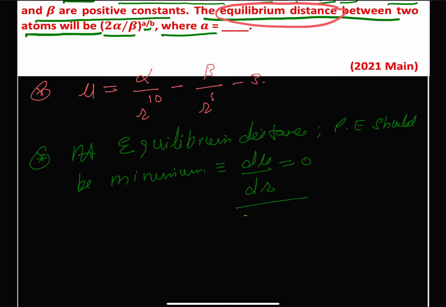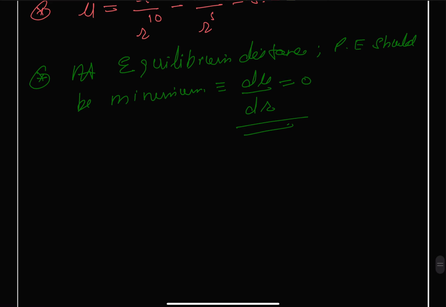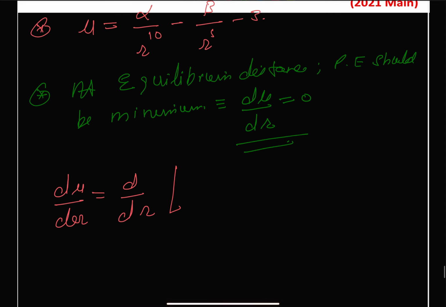So we simply differentiate it. So we get dU by dr will be equal to d by dr of alpha upon r raised to power 10 minus beta upon r raised to power 5 and minus 3.